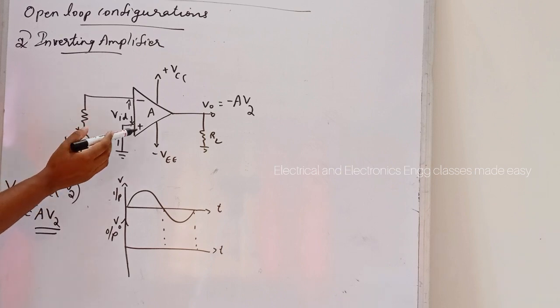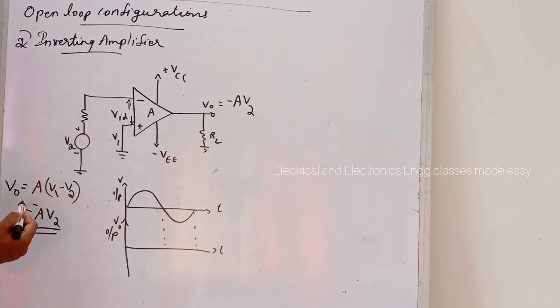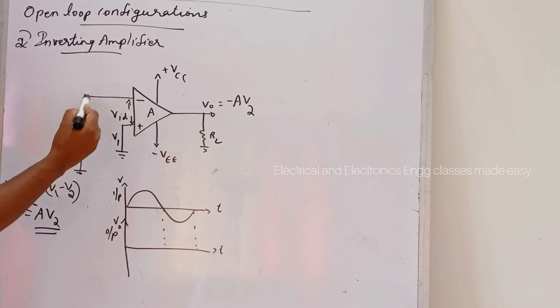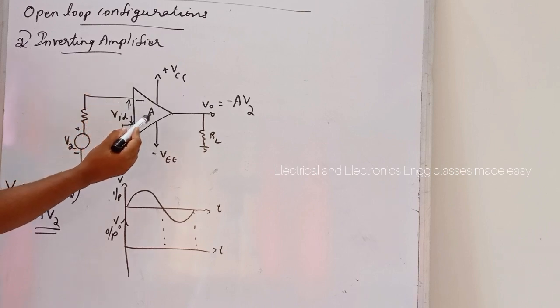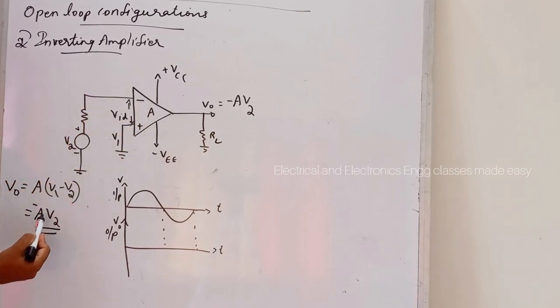So the output voltage is 180-degree out of phase with respect to the input, and the input signal is amplified by gain A. So input signal is amplified by gain A and is phase shifted by 180 degree.